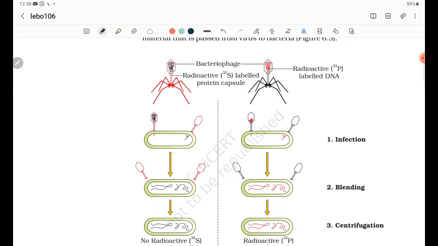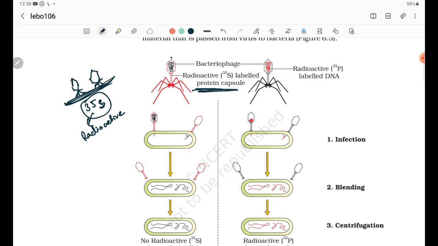Now this bacteriophage is grown in a culture medium. Suppose this is a culture medium, and this is the bacteriophage. Like this, various bacteriophages are grown. This bacteriophage is grown in 35S radioactive sulfur, so this sulfur will get incorporated into the protein part, the protein capsule.